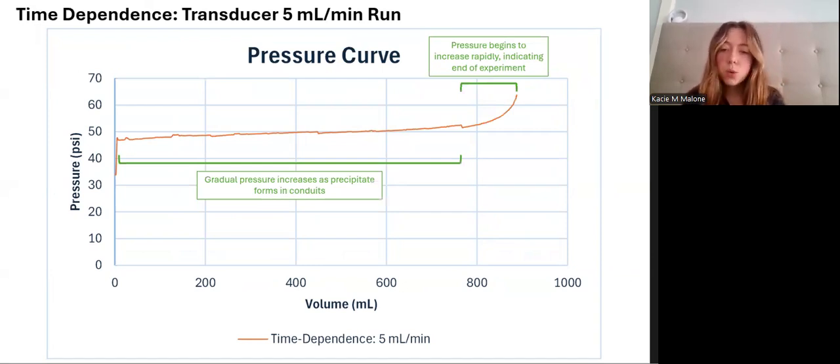So what this graph shows is an initial gradual pressure increase, indicating that precipitation is forming, but is followed by a rapid rise near the end, suggesting that clogging was beginning and therefore marking the end of our experiment. So we could exclude the effects of clogging on our precipitation patterns specifically for this run.